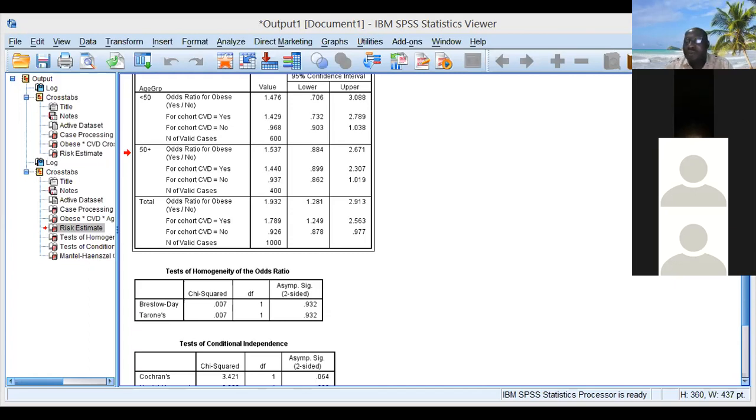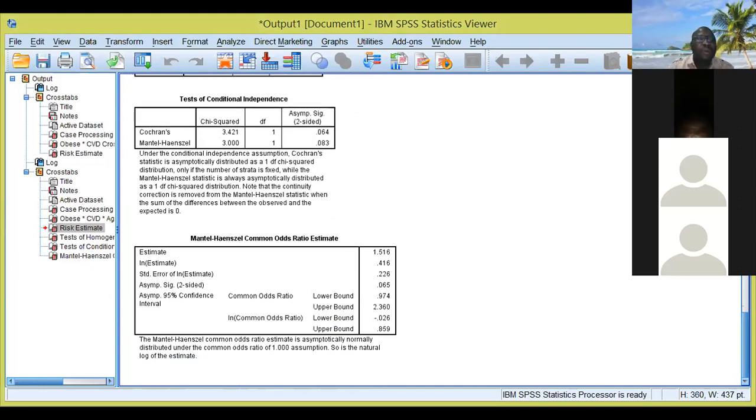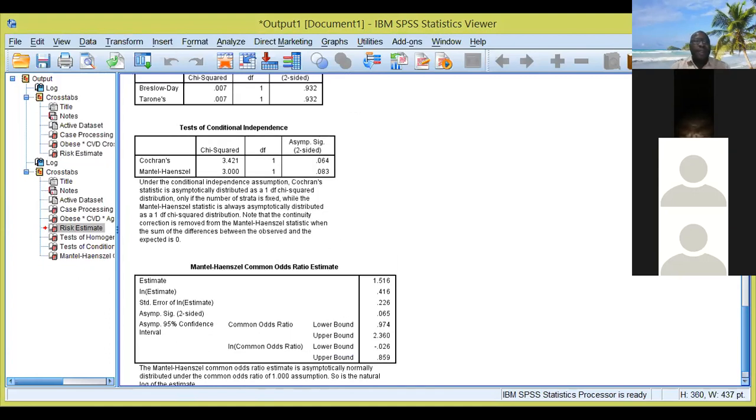Let's move down. Scroll down. Now, look at the Mantel-Haenszel estimate. The Mantel-Haenszel odds ratio we did, if you remember, was 1.52.